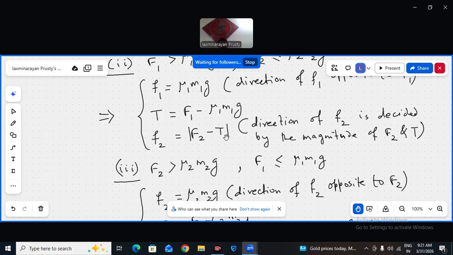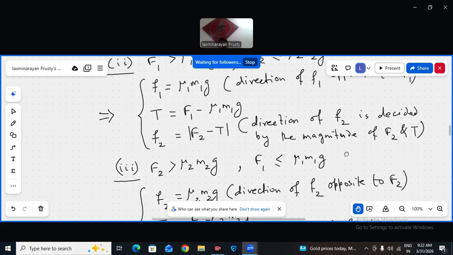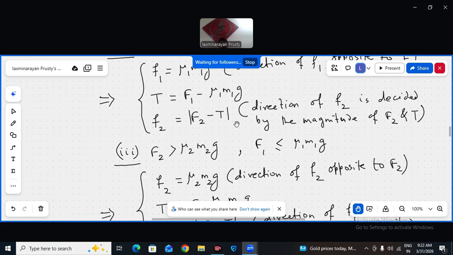If F2 is greater than capital T, then friction force will be opposite to capital F2. Always it is opposing the impending relative motion. Okay, that you can find out after putting numerical values.